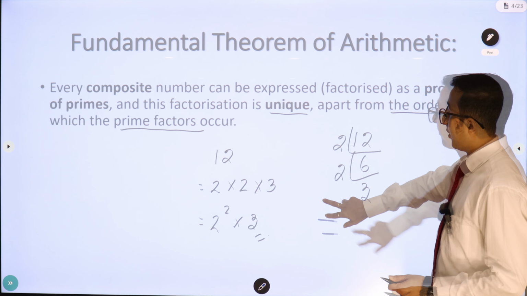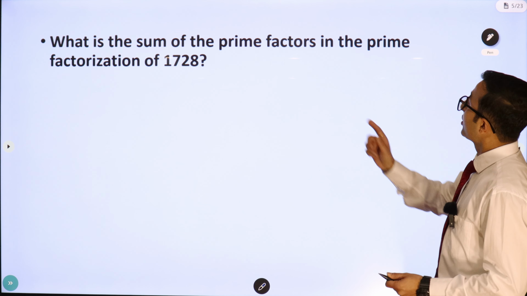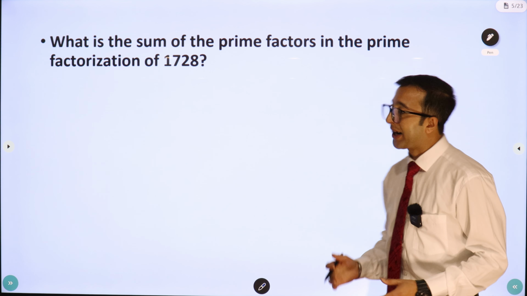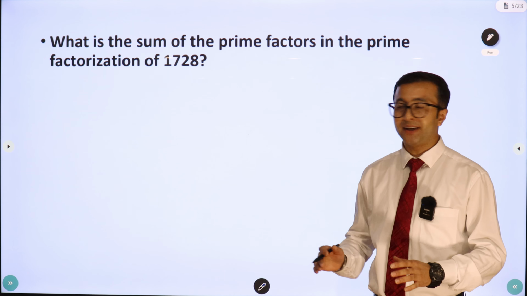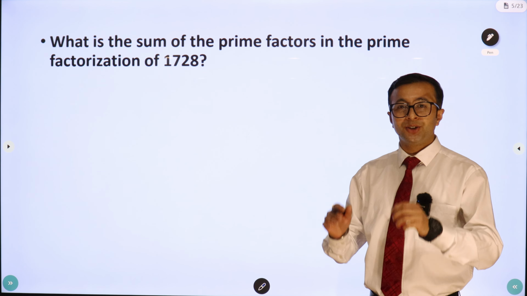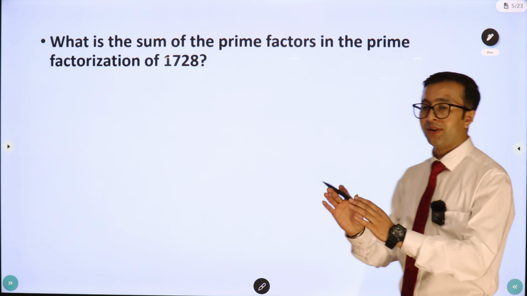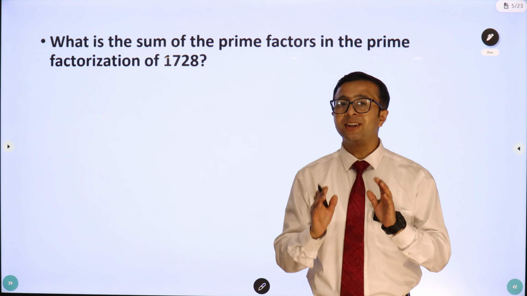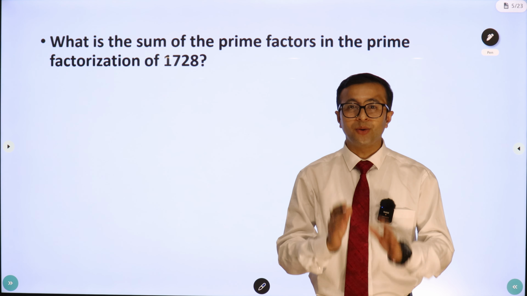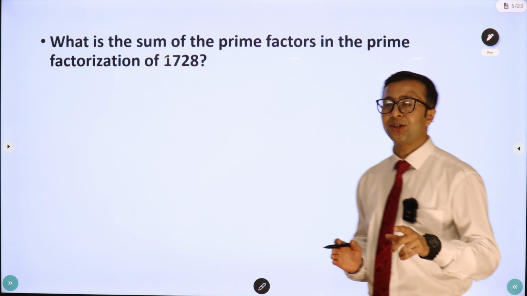Now next: what is the sum of the prime factors in the prime factorization of 1728? You know that 1728 is a very interesting number. Whenever you get a question, the first thing is to understand the problem. Question लाई बुझ्नु एकदमै जरुरी छ.